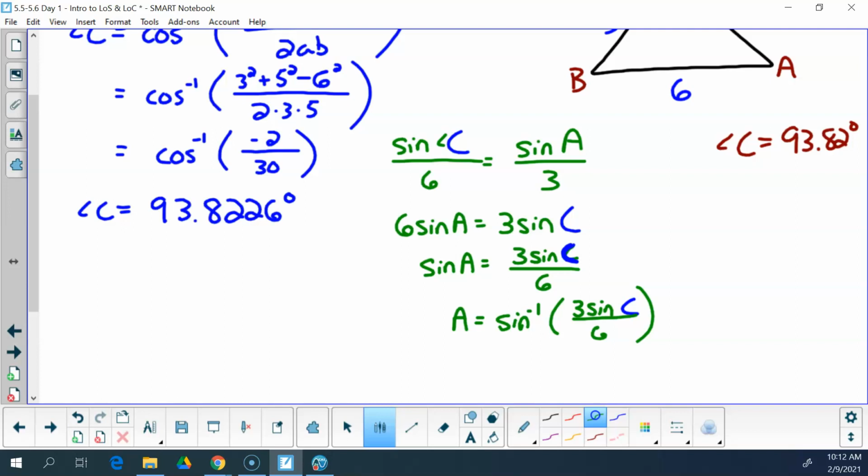So the inverse sine of 3 sine C, with the answer in degrees, divided by 6 gives me angle A here as 29.9264. Yes?